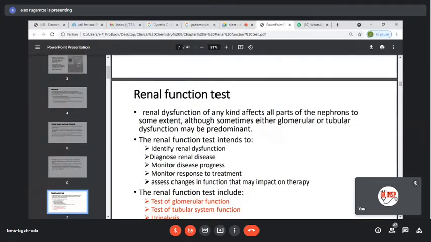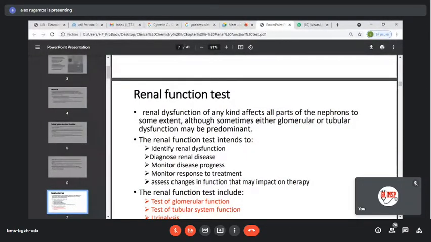So renal function tests are intended first to identify renal dysfunction, of course, to diagnose renal diseases, to monitor disease progress, and to monitor the response to the drug, meaning how the drug is being eliminated from our body.